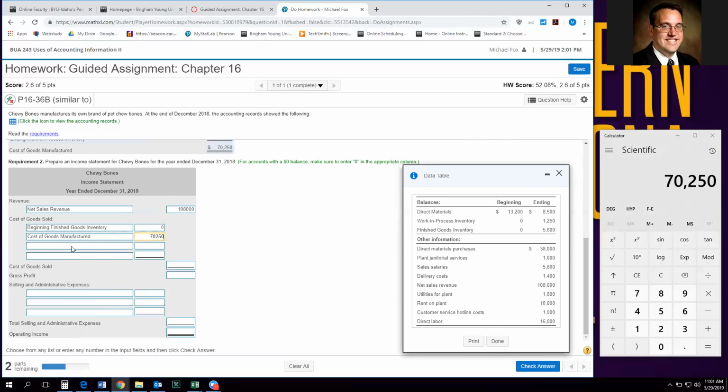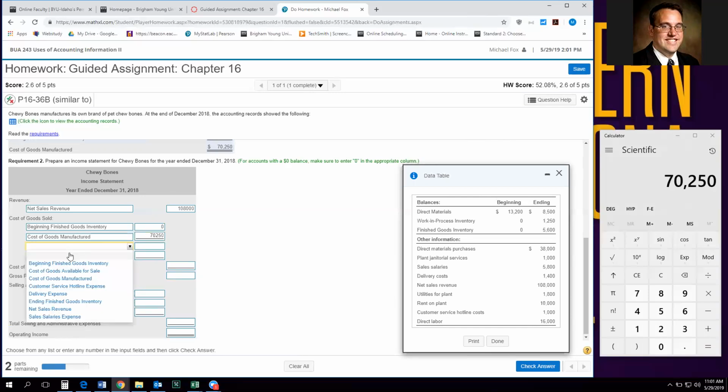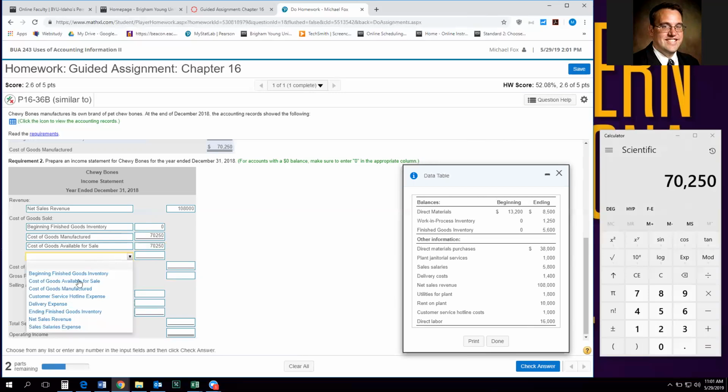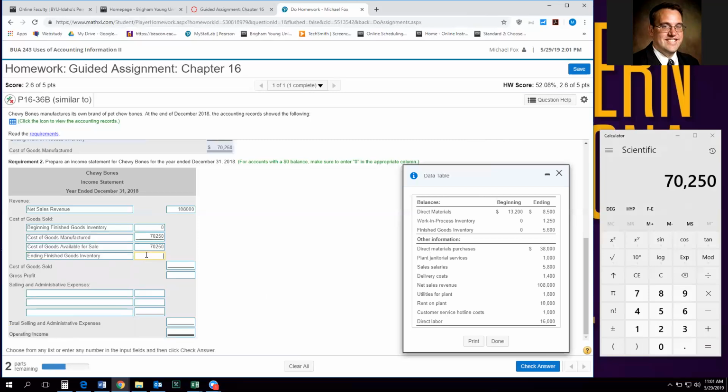That's going to give us the cost of goods available for sale. What you started with plus what you manufactured, that's what's available for sale. And we'll subtract out our ending finished goods inventory, which was 5,600. And that will give us cost of goods sold of 64,650.